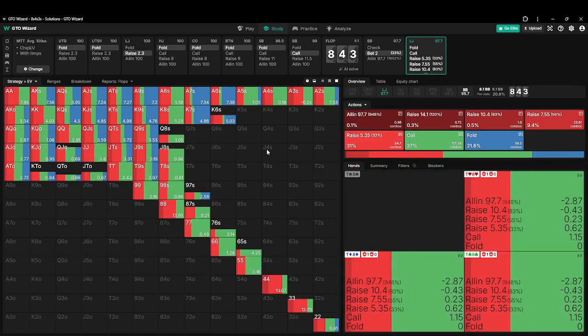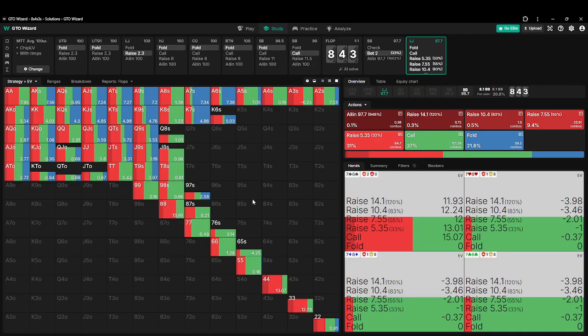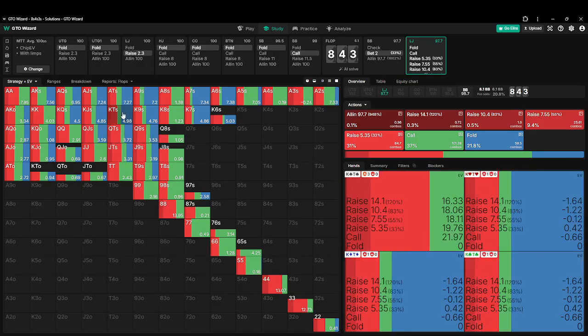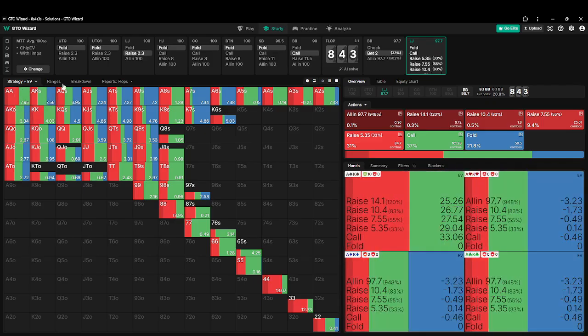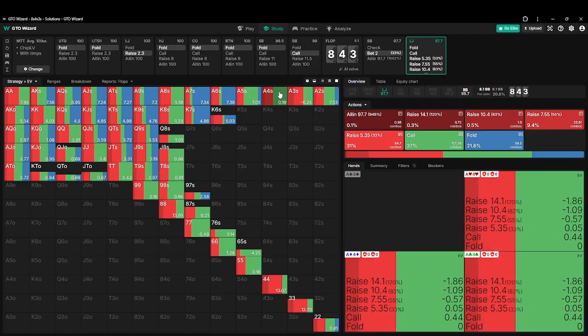That's a way you can look at it: if you realize that virtually all of the continuing range is mixing between a call and a raise, you can adapt accordingly and say, okay, I can go either way depending on how I feel about the opponent and what seems right at the time.